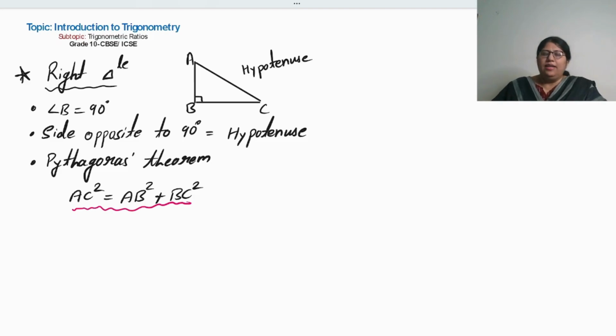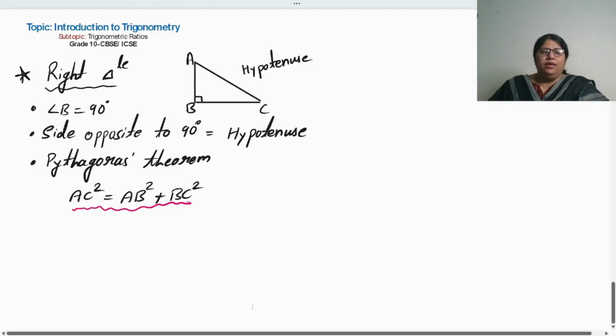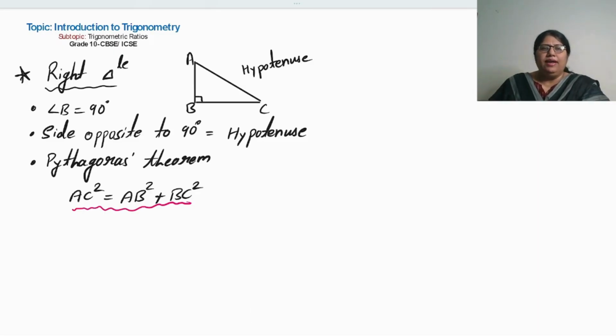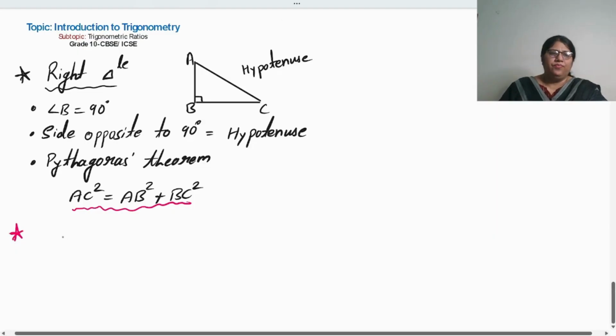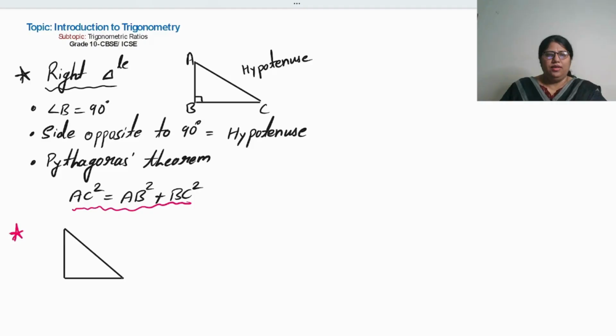Before we take this, let us see here. Whenever we have a right triangle, one of the angles is always 90 degrees, right? So if one of the angles is 90 degrees, what about the other two angles? I'm drawing another right triangle ABC, where angle B is 90 degrees.